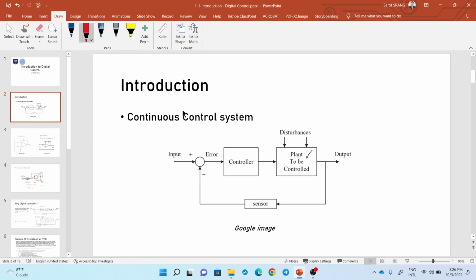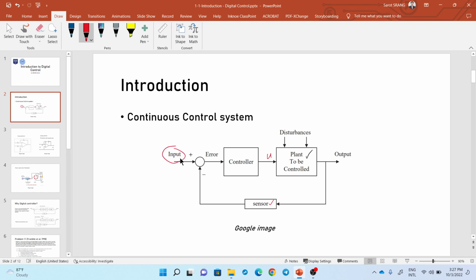And for this plant, you inject some input, then you get an output. And if you want to control, you need to measure the output by a certain sensor. So you compare the signal from the sensor with the reference.